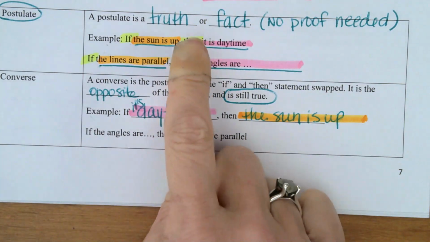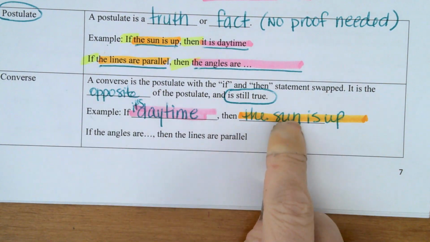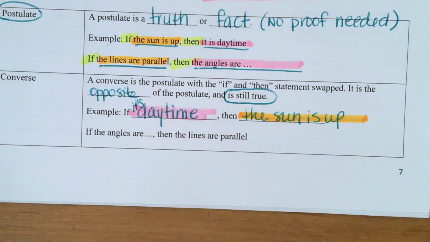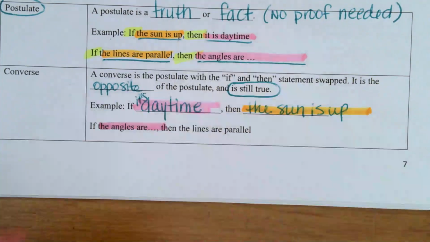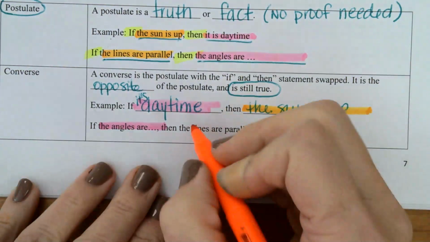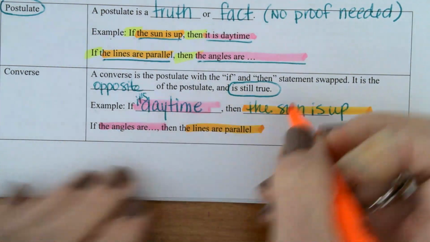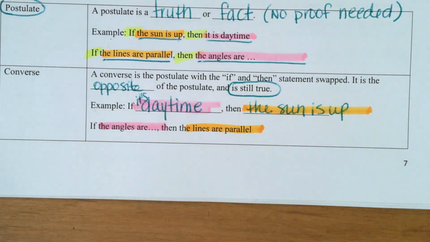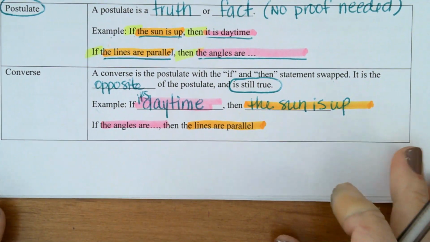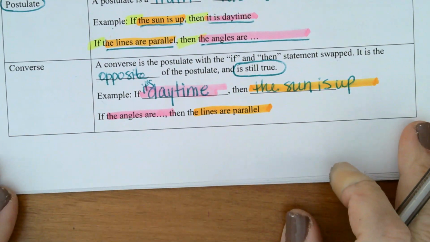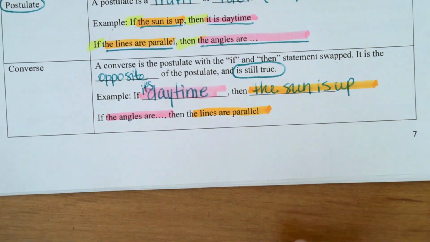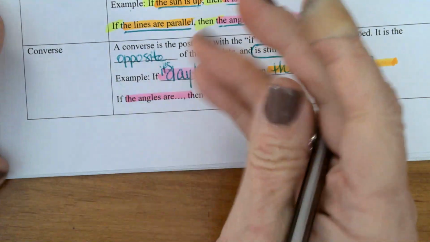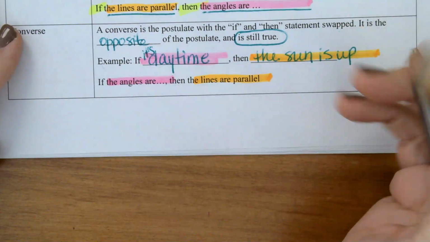Now the sun is up is the second part of my statement. Do you see how I flip-flopped it? If the angles are blank, whatever they are, then the lines are parallel. Then I just flip-flopped it. Let me give you an example of a converse that's not true.